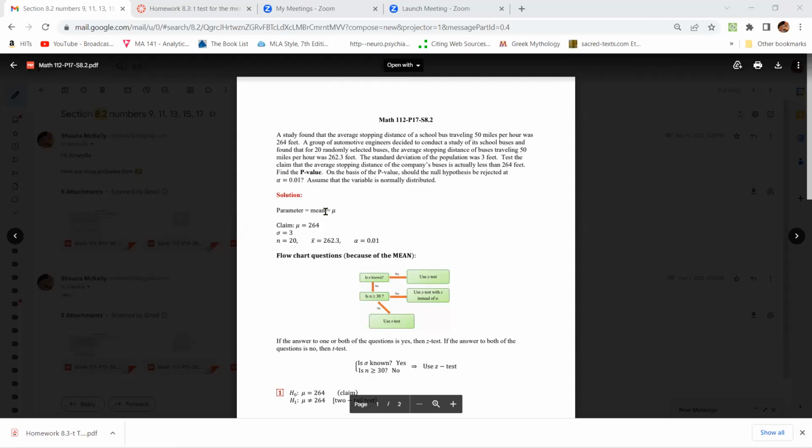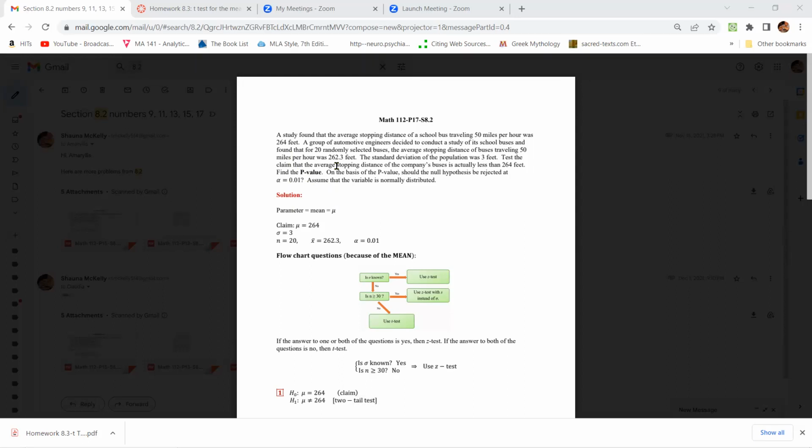Okay, so the parameter is the mean. That's the mu, obviously. The claim here is that mu is 264 feet. Okay. And then we're given something. It says a study found that the average stopping distance of a school bus traveling 50 miles an hour was 264 feet.